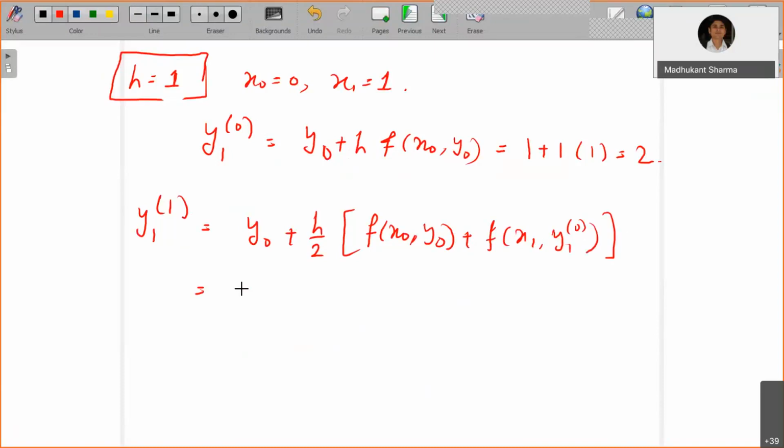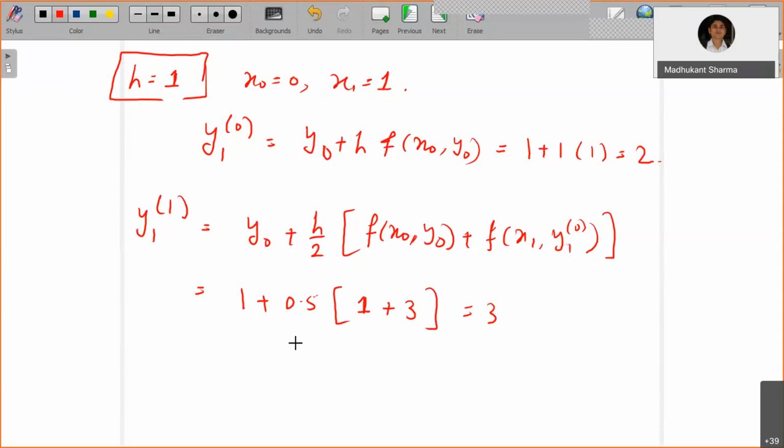That equals 1 plus 0.5 into f of x0 comma y0, which is 1, plus x1 plus y1 of 0. x1 is 1 and y1 of 0 is 2. So 1 plus 2 is 3, 3 plus 1 is 4, 4 into 0.5 is 2. So 1 plus 2 is 3.